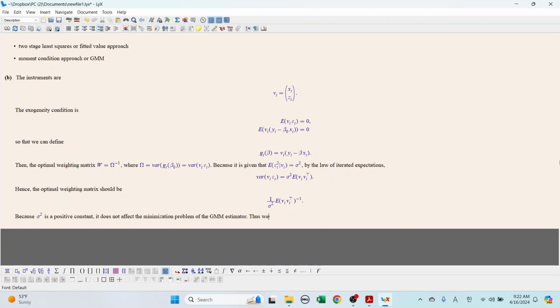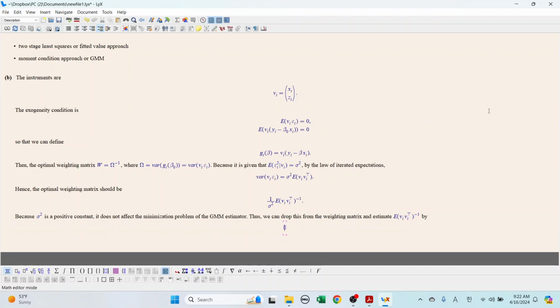Thus, we can simply drop this from the weighting matrix and estimate it by... So you know how to estimate this.